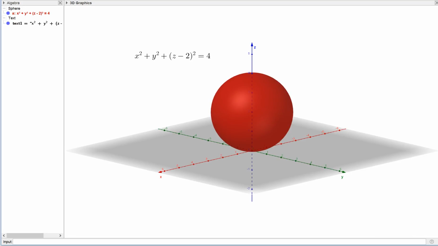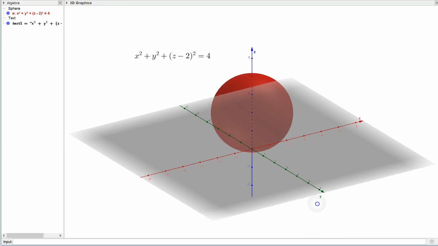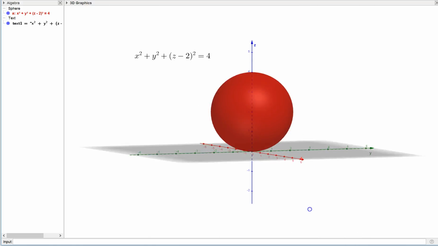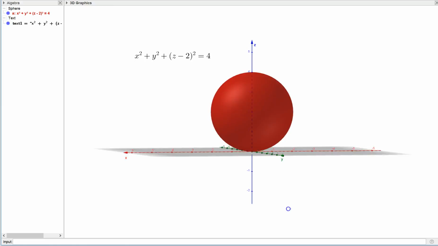So here's our sphere: x squared plus y squared, and then z squared minus 4z equals 0. I rearranged the equation a little bit, but as you can see, that is a sphere in 3 dimensions, sitting on the origin, 0, 0, 0.